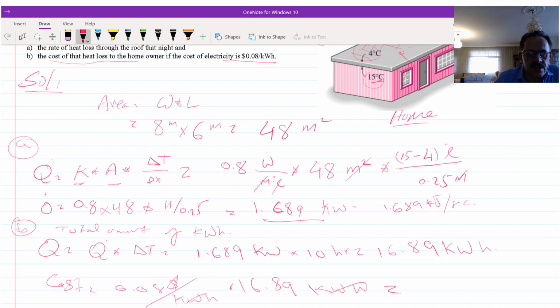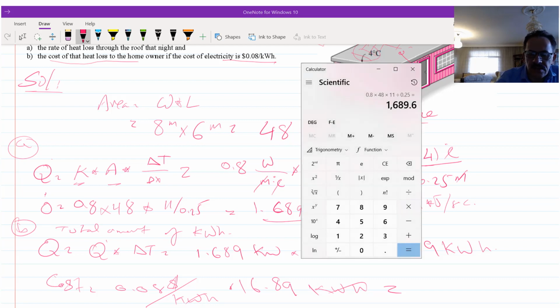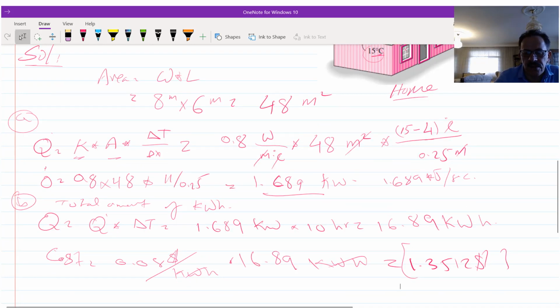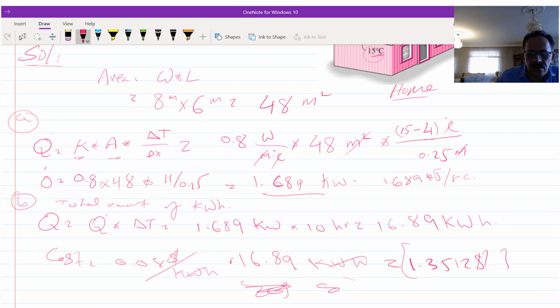So 16.89 times 0.08 will be 1.3512 dollars, the cost of the 10 hours of that night.